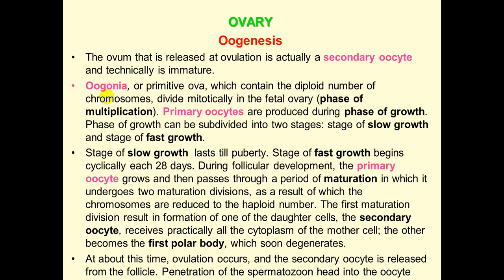So in the cortex of the ovary of the newborn girl, we can see small primordial follicles with the oogonia inside. Then after childbirth starts the phase of growth.